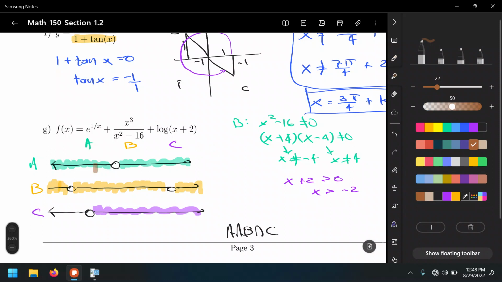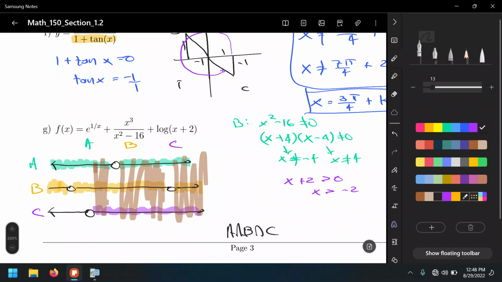Is here and here and here. Those are the three intervals where we have overlaps. Let's write this down using interval notation. So that's from negative 2, 0, and 4.